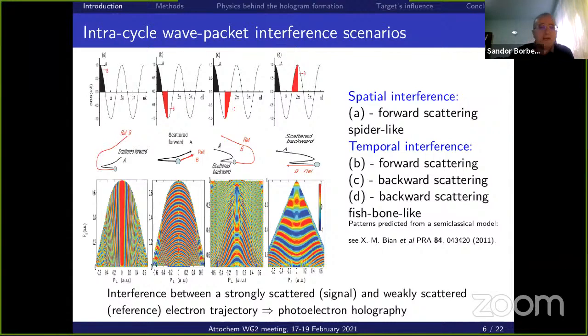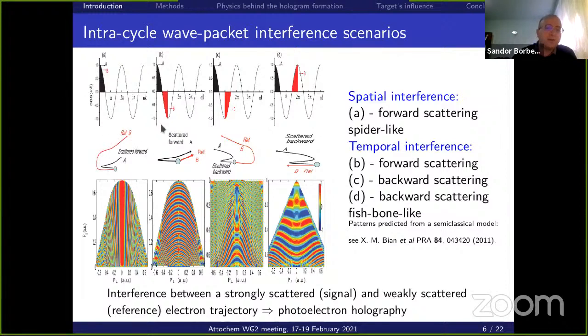So if both of your continuum wave packets are created during the same optical cycle of the driving laser field, then during the laser-driven dynamics of these wave packets, there will be some trajectories which will be strongly scattered by the parent ion, and there will be trajectories which will be only weakly scattered by the target ion.